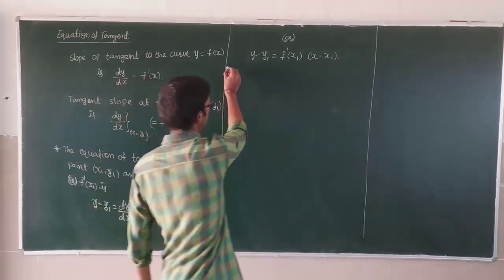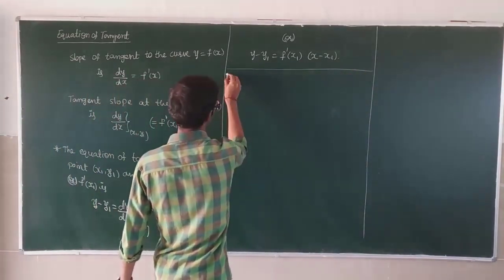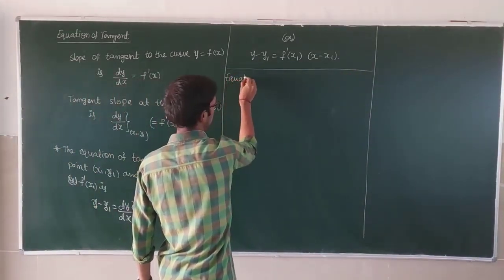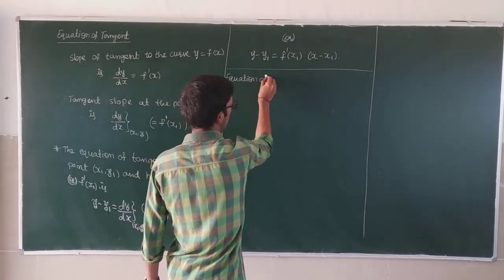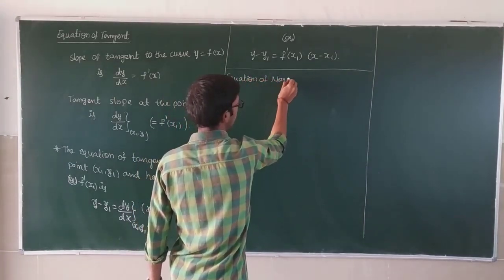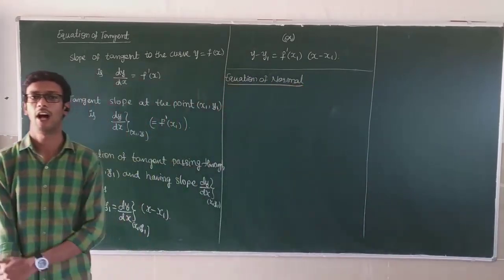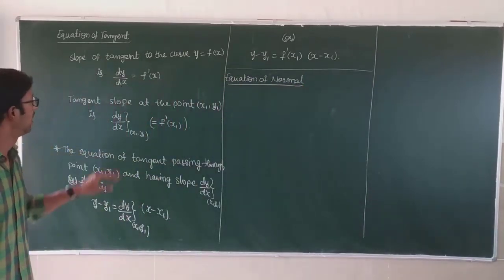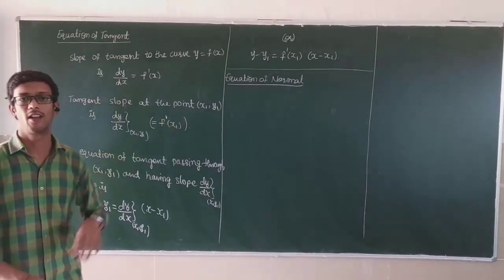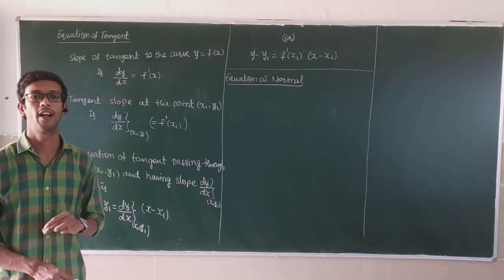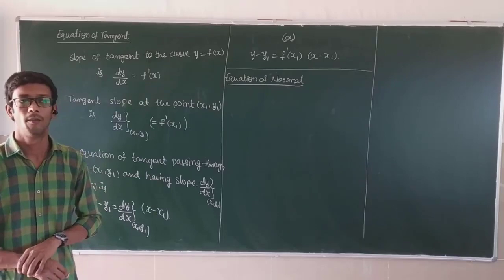Next, equation of normal. I discussed already, tangent and normals are perpendicular, so the product of the slopes is equal to -1.